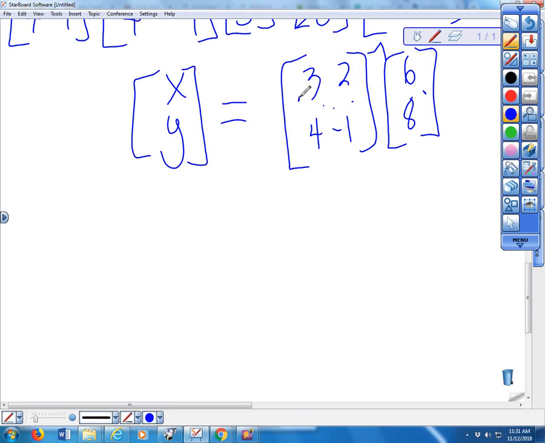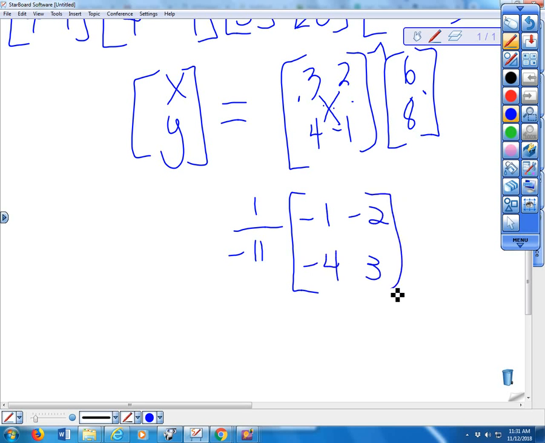So what I do is I find the determinant, -3 minus 8, and I put it as an inverse. -3 minus 8 is -11, right? Then I take 1 over that, and then I multiply it by a new matrix, which switches these two and changes the sign of these two.